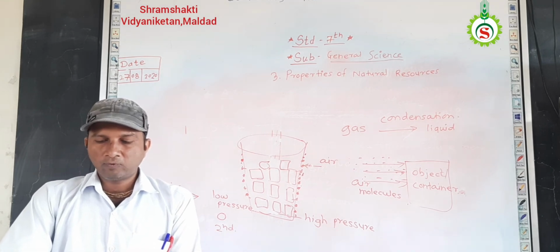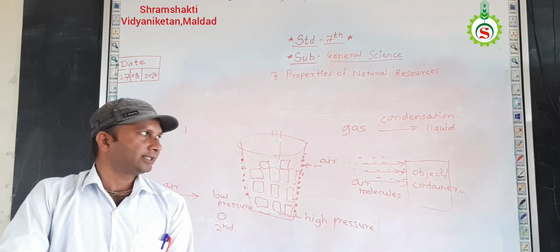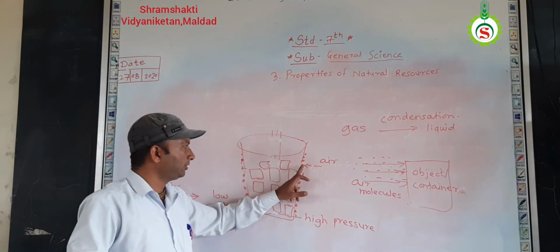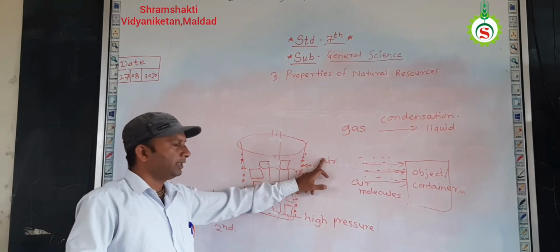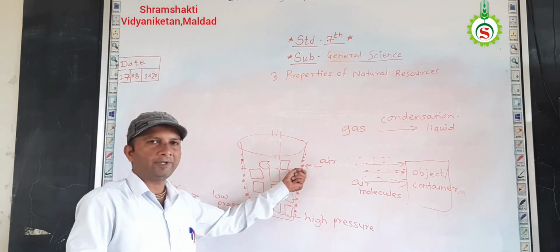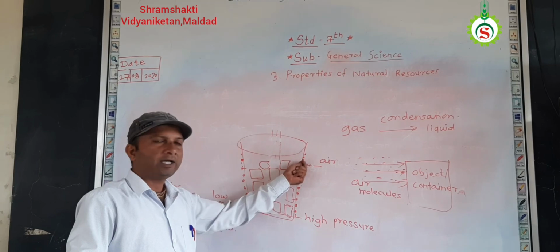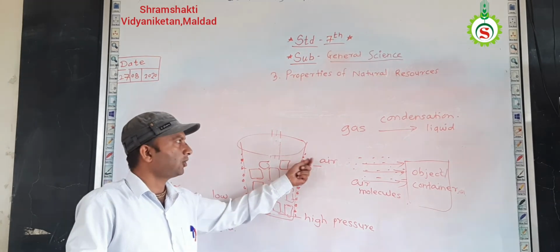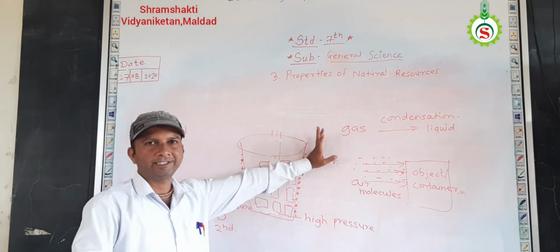It is this water that collects on the outer surface of the glass. This is called condensation of the gaseous molecules.